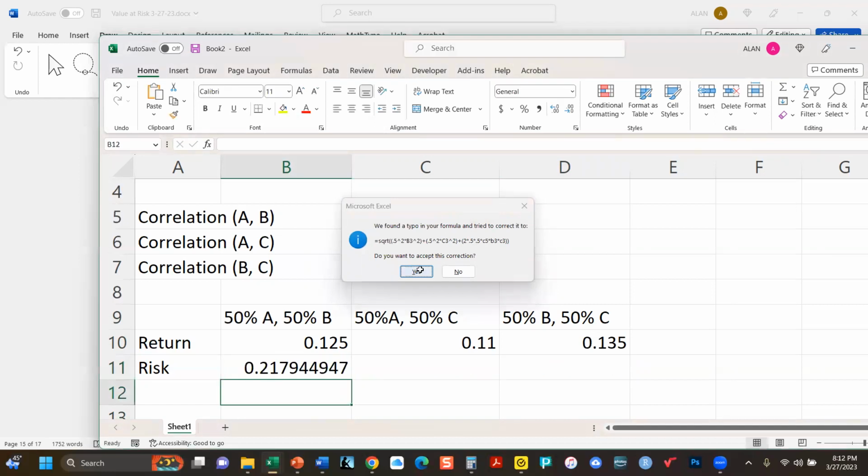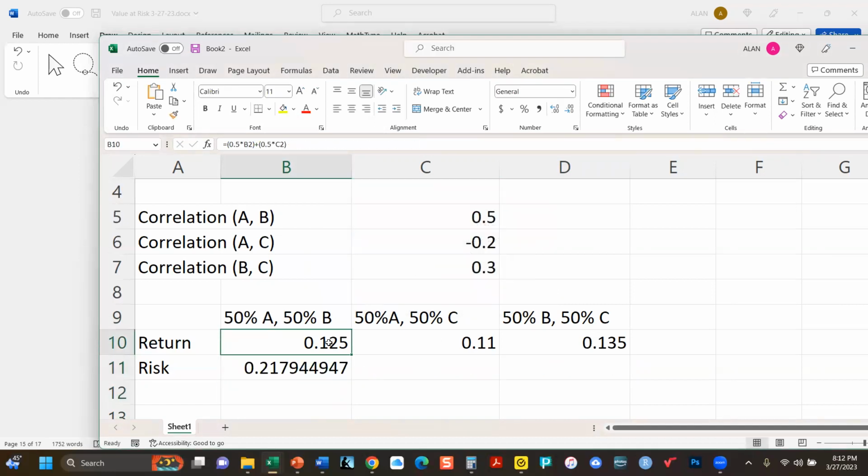Oh, I need one more parenthesis. So for that portfolio, it's about 21.79%.